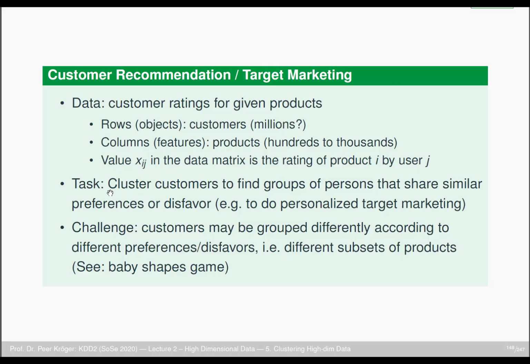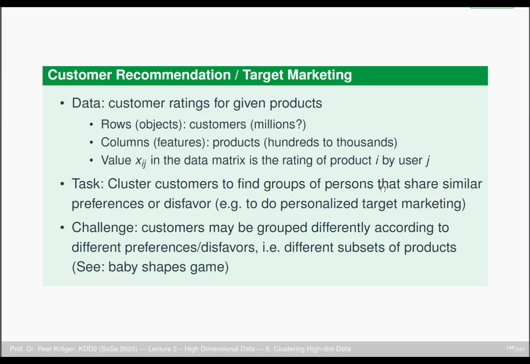And now we want to do a customer segmentation, meaning we want to cluster the customers. We want to find groups of persons, and what should they semantically give us? Well, those groups of persons should be homogeneous in terms of their preferences or disfavors for the products that they have rated.